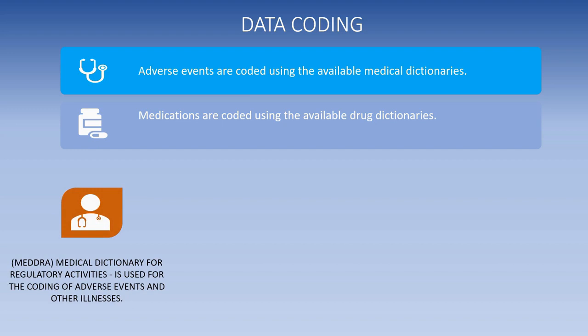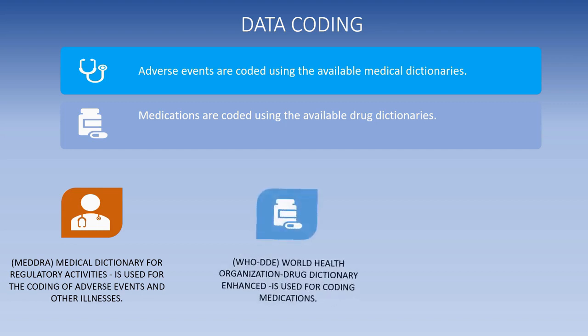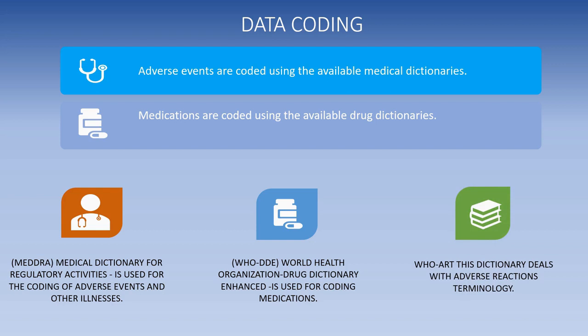This is used for coding of adverse events as well as other illnesses. WHODDE, World Health Organization Drug Dictionary Enhanced. This is used for coding medications. Other dictionaries are also available for use in data management.